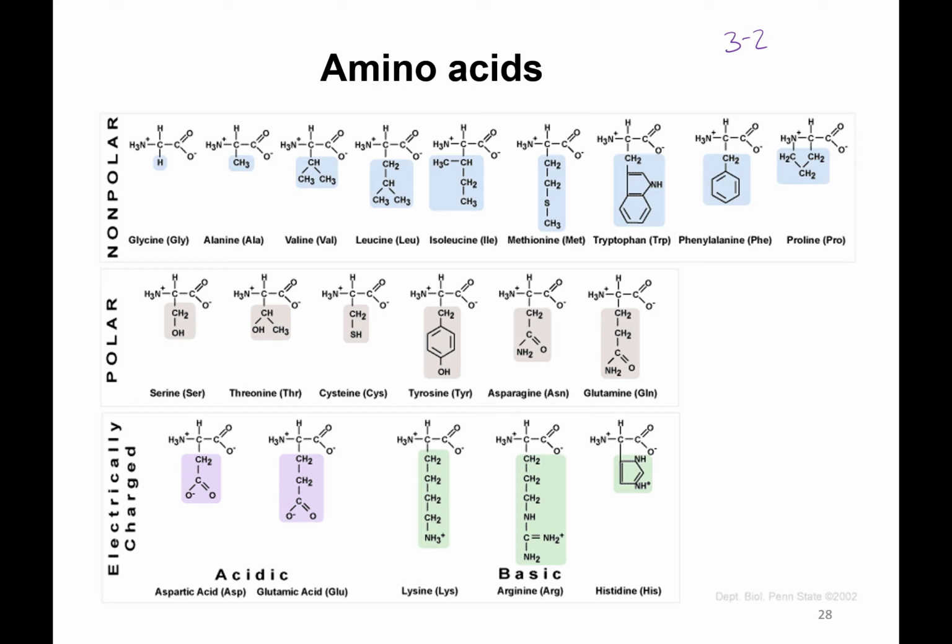And so what I mean by use the chart is I want you to understand that these different R groups, which are all in the colored blocks here, give a protein properties. Because it helps the protein, or it directs the protein folding.